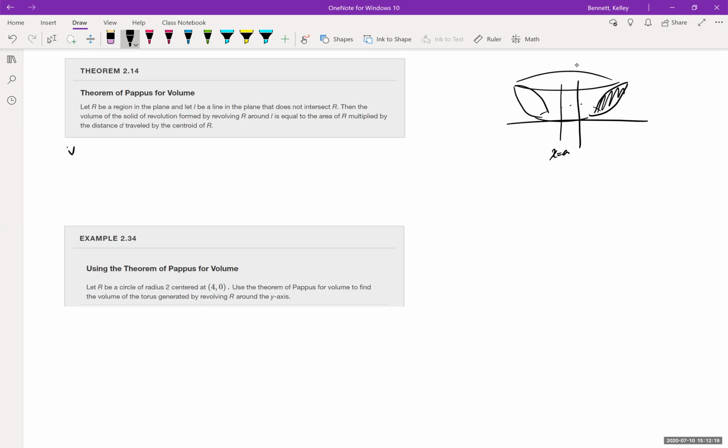So the volume equals the area of R, so this area is R, times the distance traveled by our centroid x bar, comma, y bar, which is really convenient.